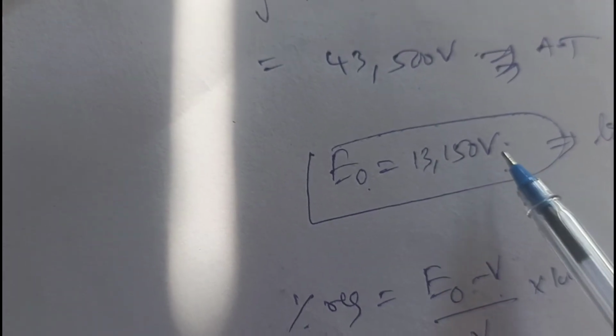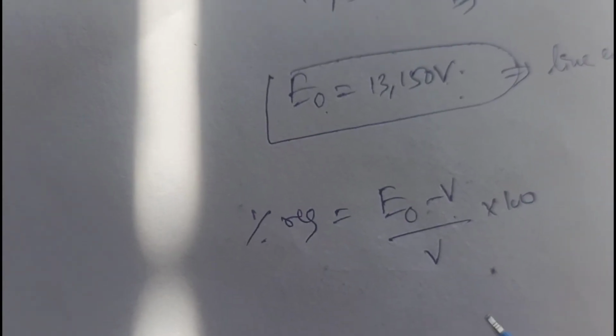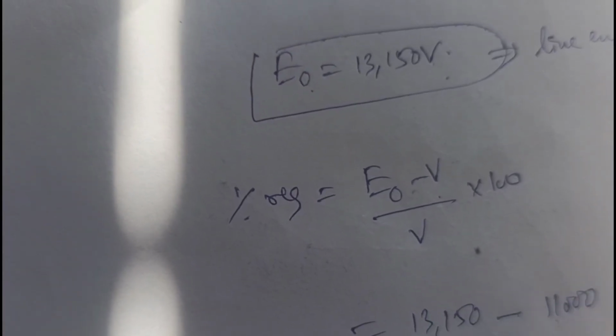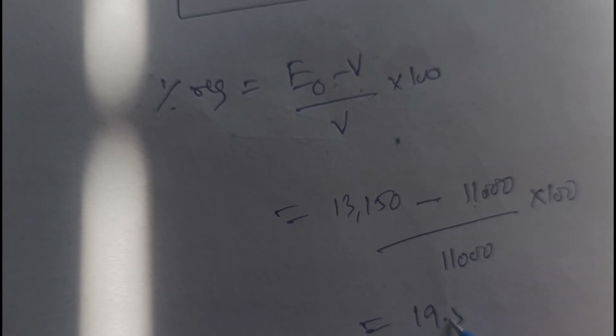Otherwise we take both as line values. E naught is 13,150 and the voltage is 11,000: (13,150 minus 11,000) by 11,000 into 100. Finally you get the regulation value of 19.55%. Okay, thank you.